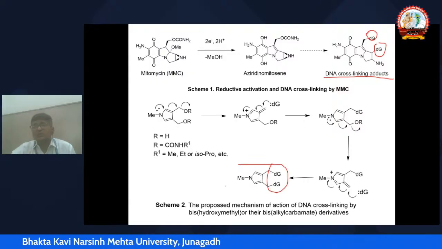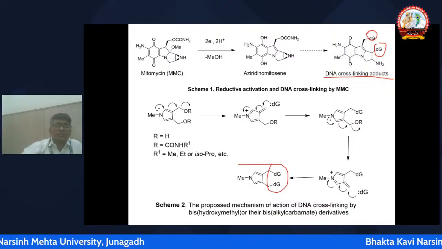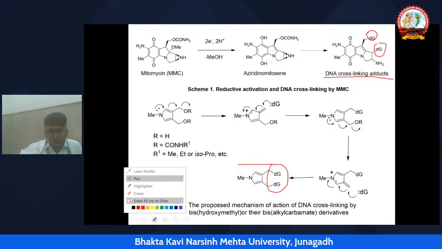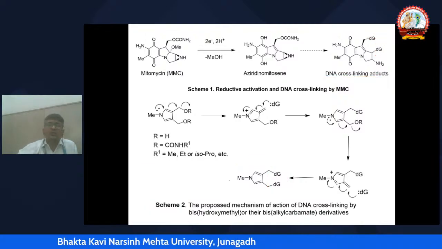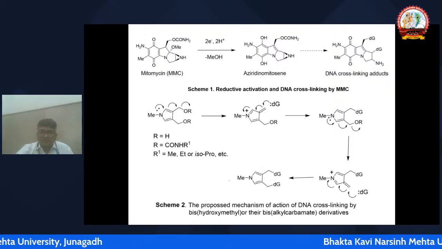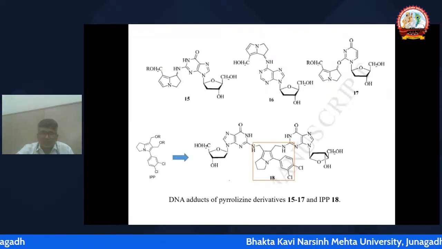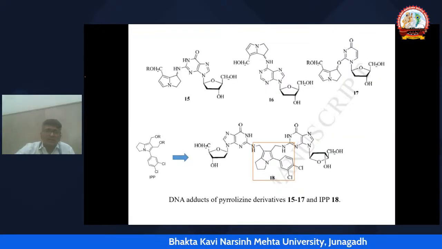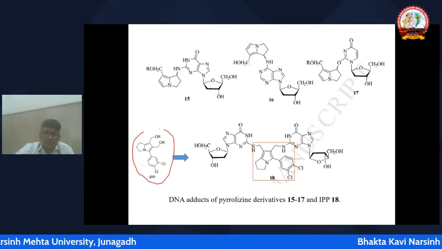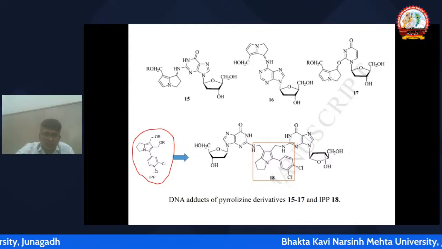So based on these mechanisms, we can design new molecules with similar biological actions. We can see in the slide that in one case, a researcher has published these IPP compounds.